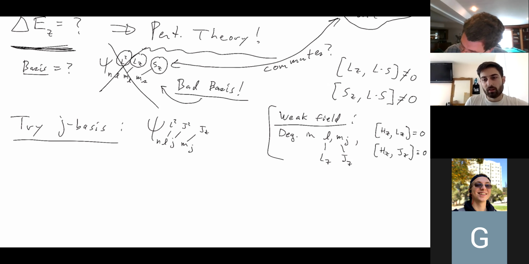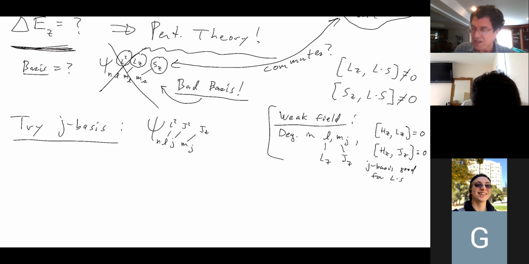And we already know that the J basis is good for spin orbit. So the J basis was really good for the weak field.